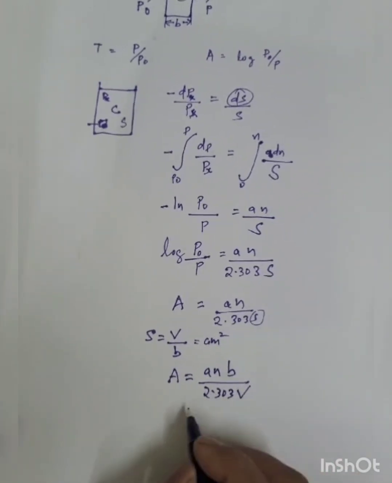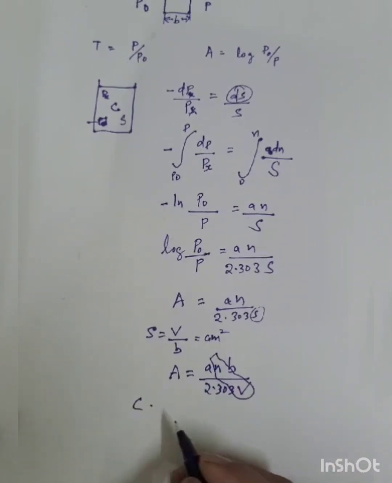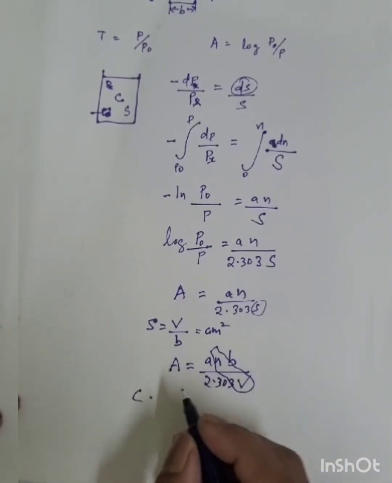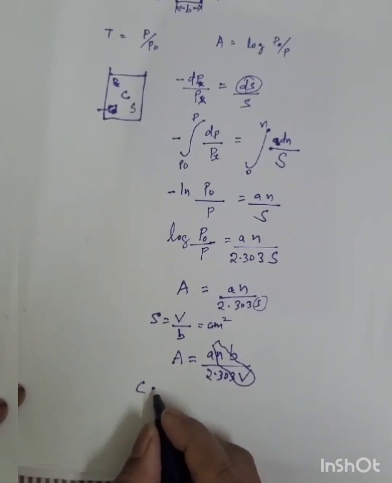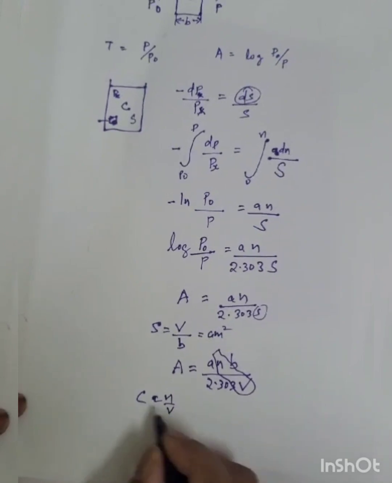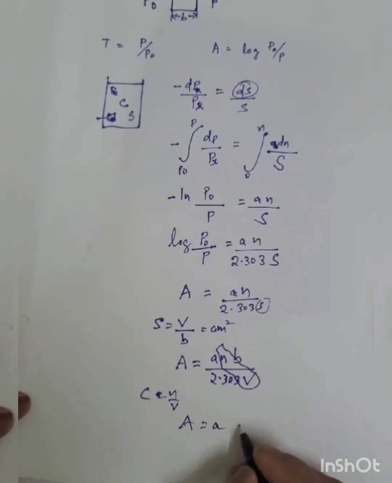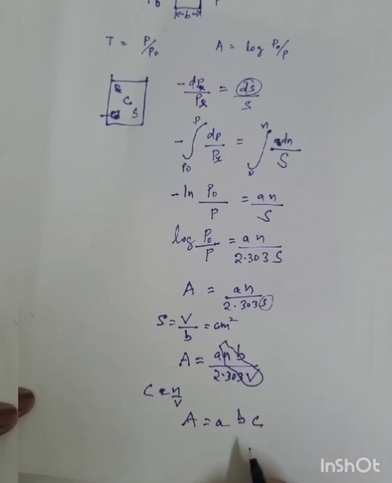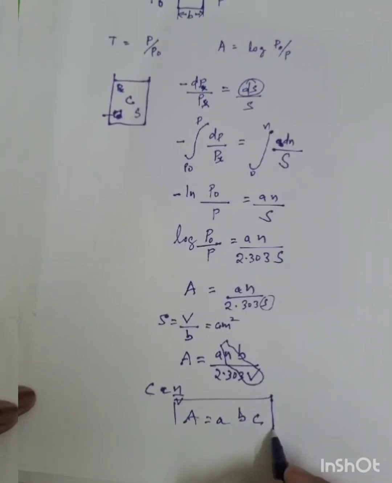N by V is actually the concentration, isn't it? The number of particles in a particular volume is called concentration. So we can write A is equal to a b c.